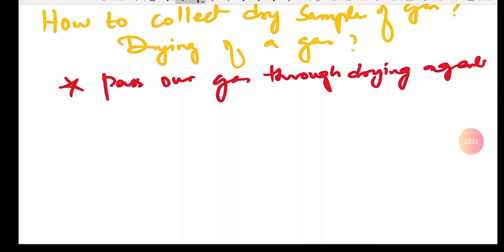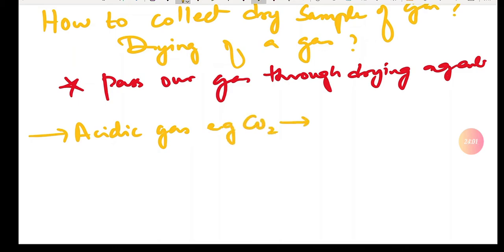For example, if we have an acidic gas to be collected, for example CO2, the drying agent will be concentrated sulfuric acid, and then finally the gas is collected.